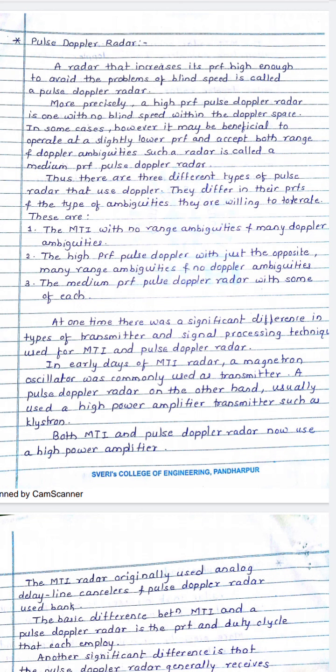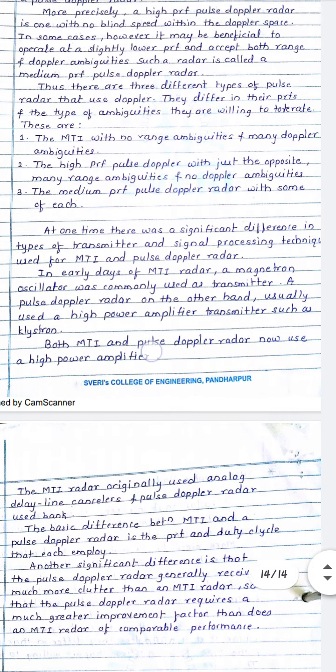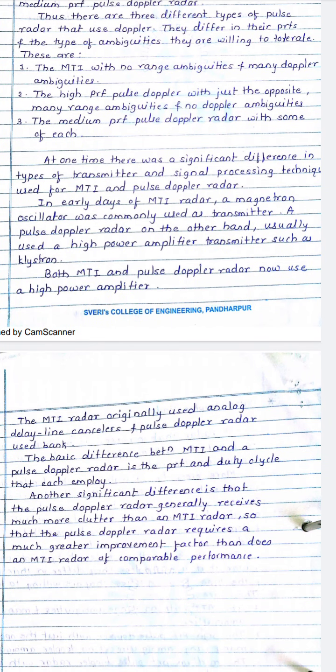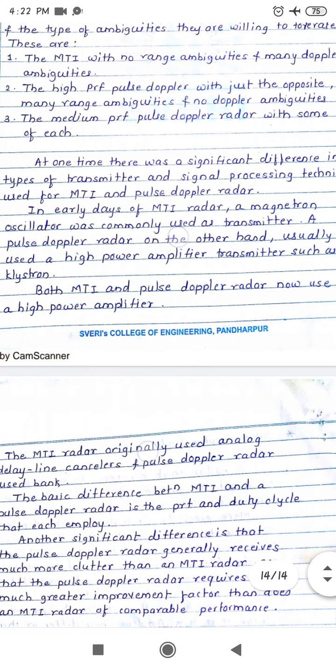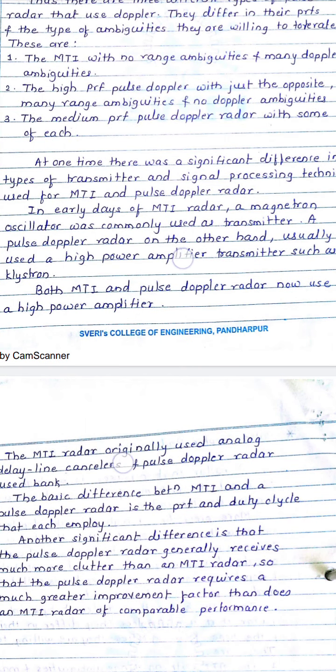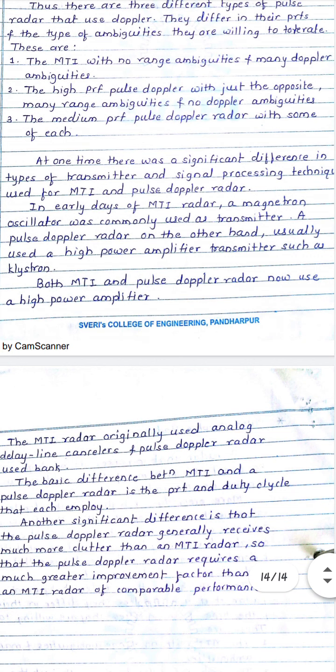These are, first, the MTI with no range ambiguities and many Doppler ambiguities; second, the high PRF pulse Doppler with just the opposite, many range ambiguities and no Doppler ambiguities; and third, the medium PRF pulse Doppler radar with some of each.